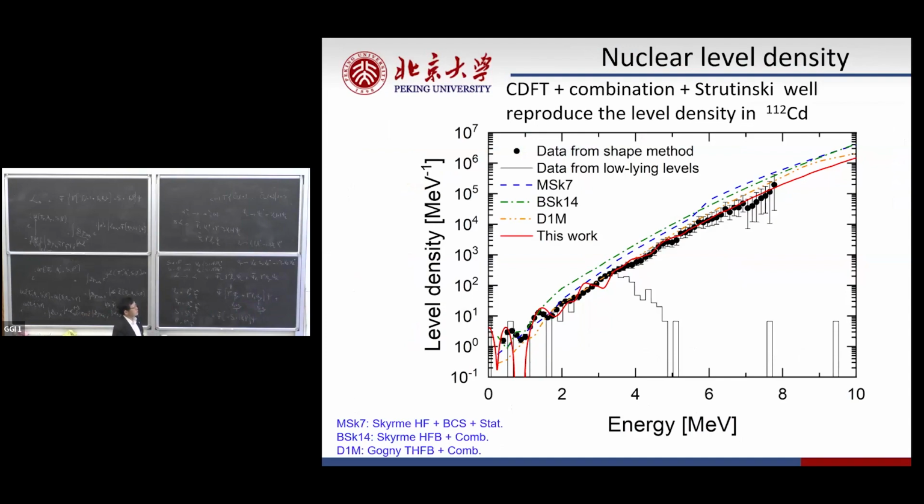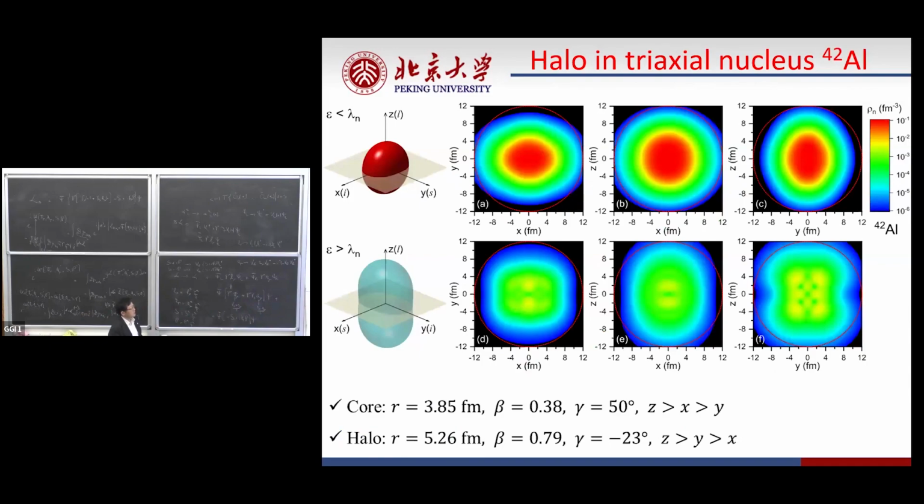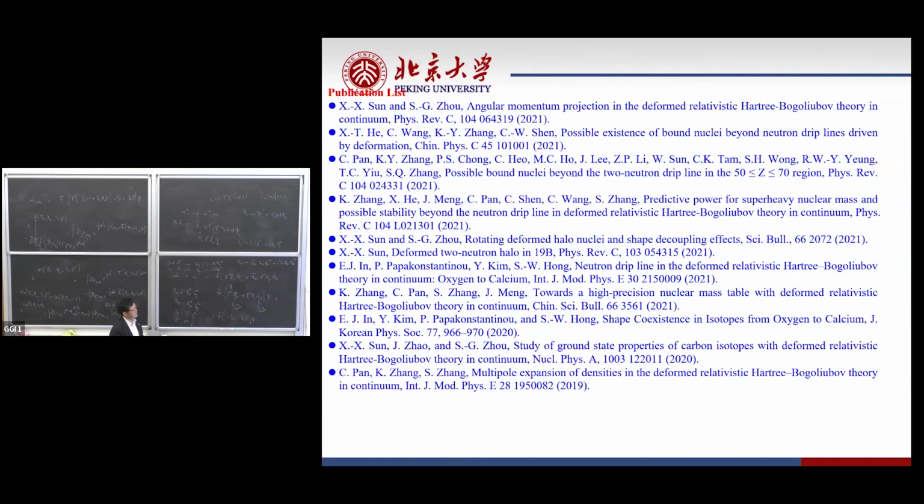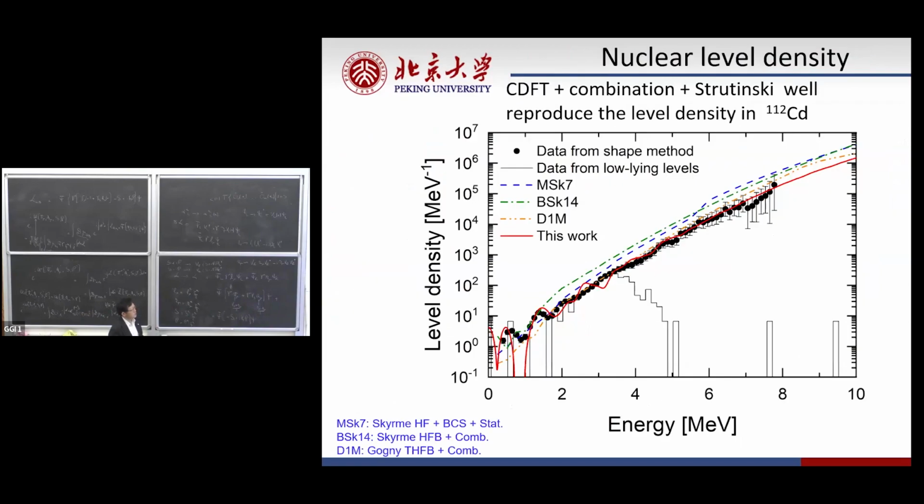And of course, using this approach, when we're building up this nuclear chart with deformation and continuum effects taken into account, we not only provide the root mean square radii, mass, or the ground state properties, but using the single particle levels, we can also build up, for example, the energy level density, which is quite useful in the future for the rapid neutron capture process calculation, in particular for these neutron-rich nuclei.